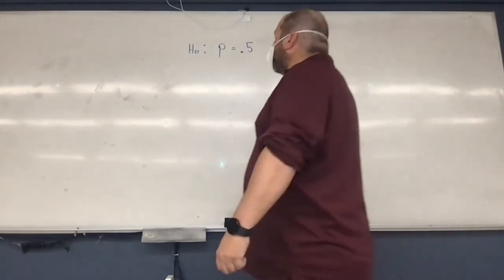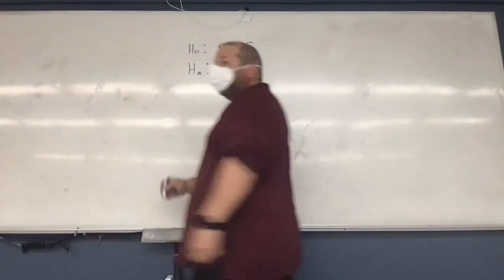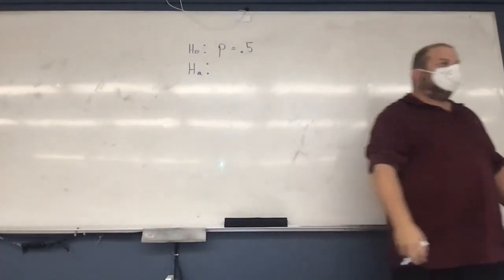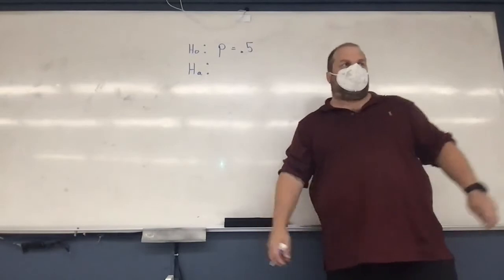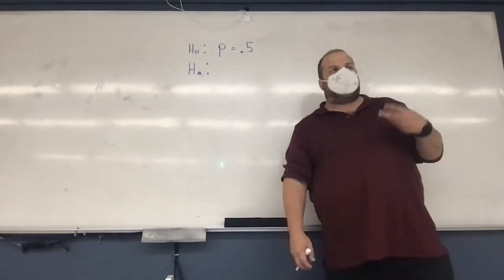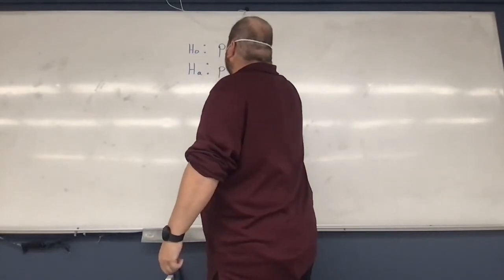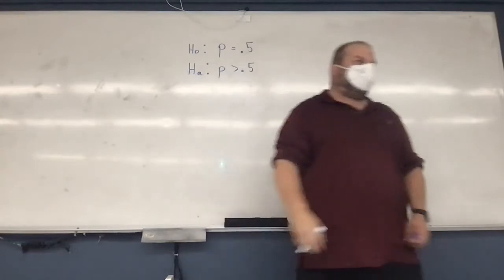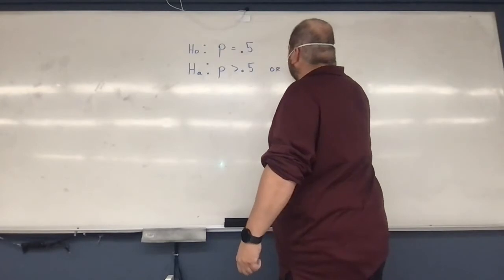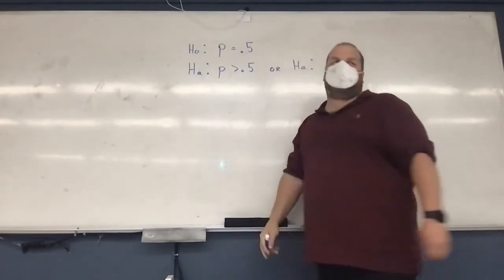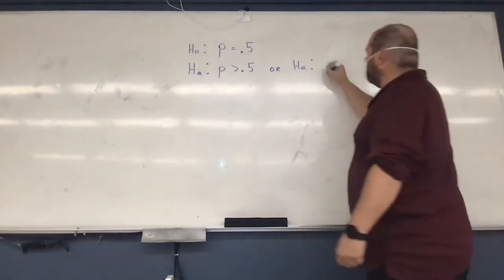But when it comes to alternative hypotheses, there are actually 3 different types that we will deal with in this class. If you say this is not a fair coin, I can make that claim in essentially 3 ways. I can say it's really somewhat greater than 0.5. Or I can say I don't think it's 0.5, I think it's less than that.